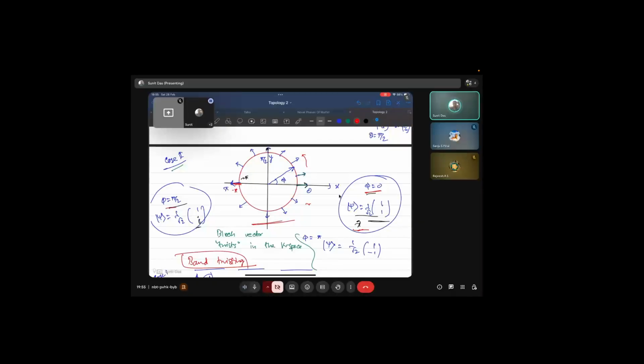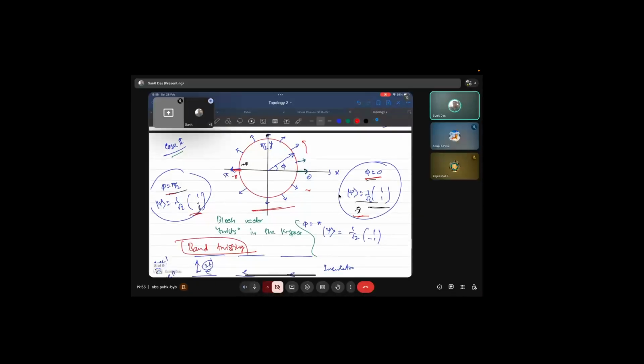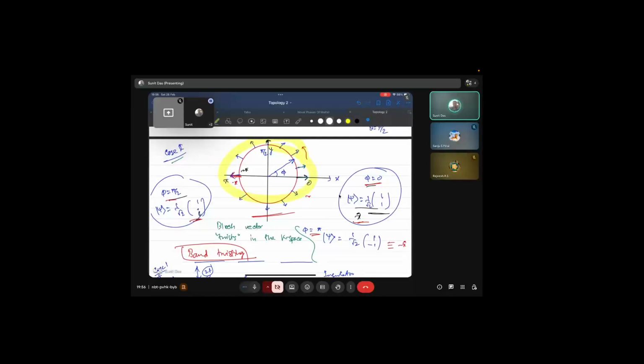At phi by 2 we have this component, which is along the y direction, and at phi equal to pi we had this, that means along the minus x direction basically. All of this we did and then concluded that this particular picture shows how the wave function direction changes in the Bloch manifold, right?